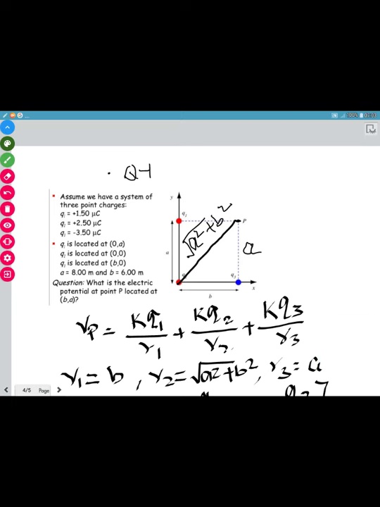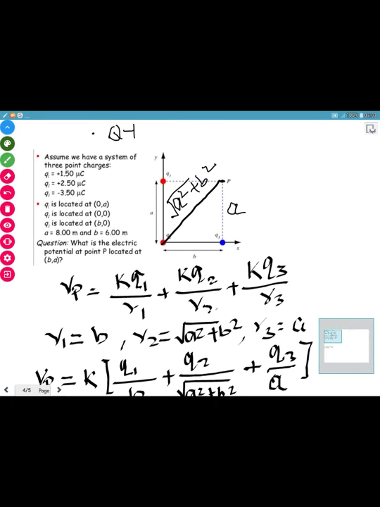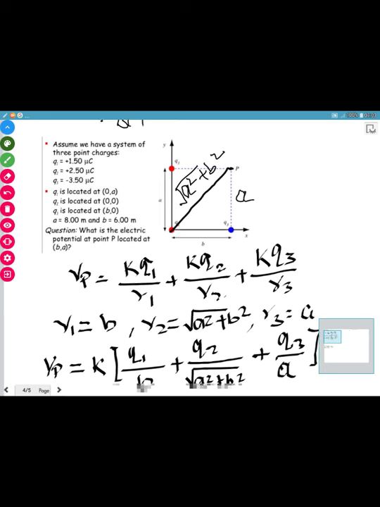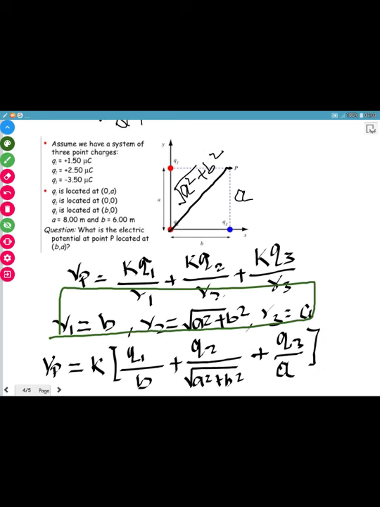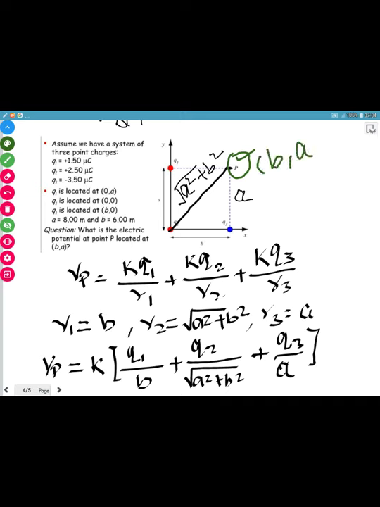Now this is the question. We have to use the superposition principle to find the electric potential at point P, which is located at position B, A, that is B is the x coordinate and A is the y coordinate.